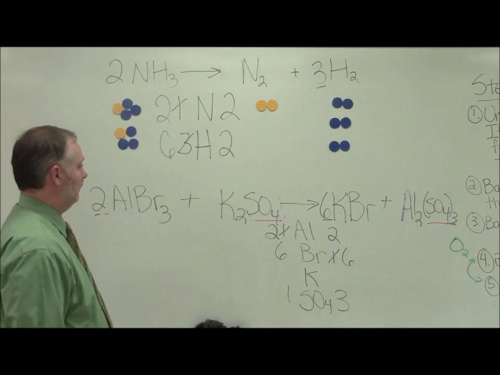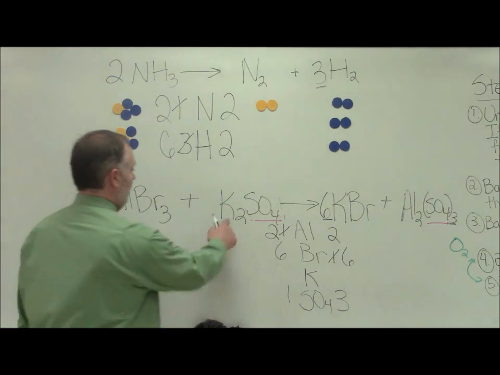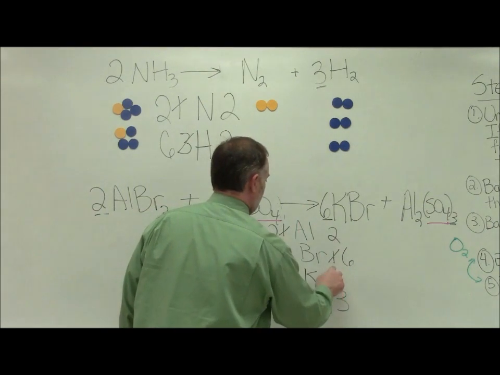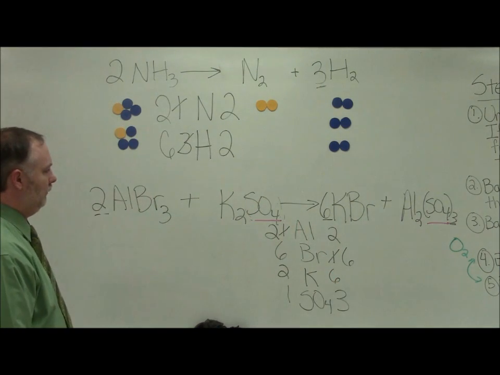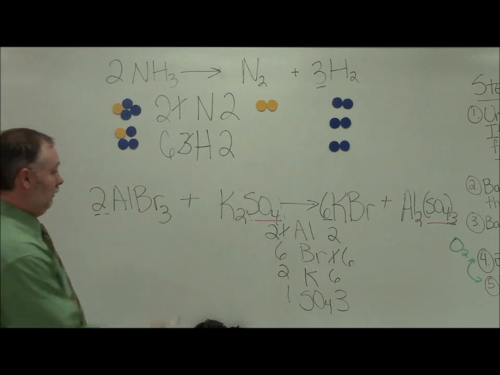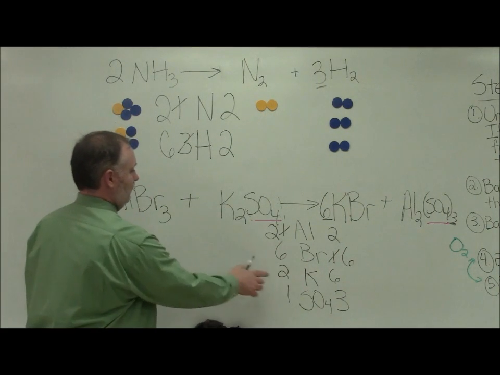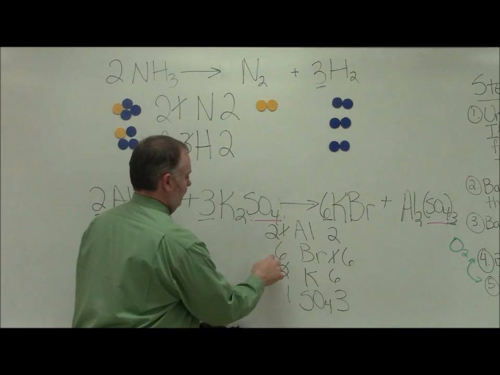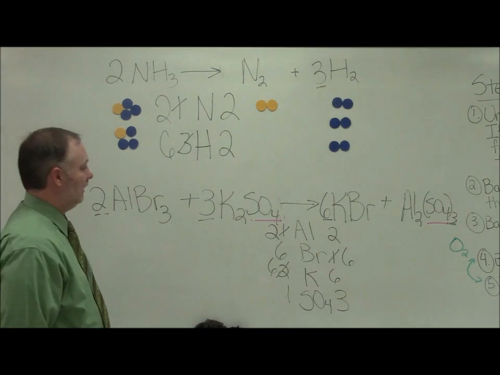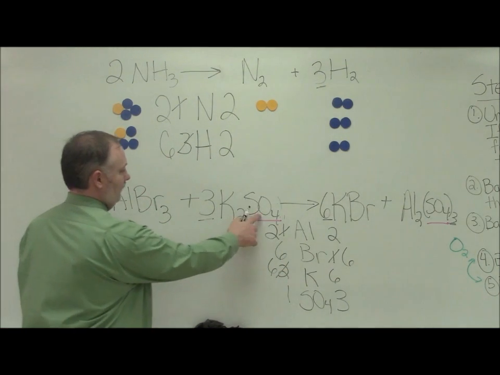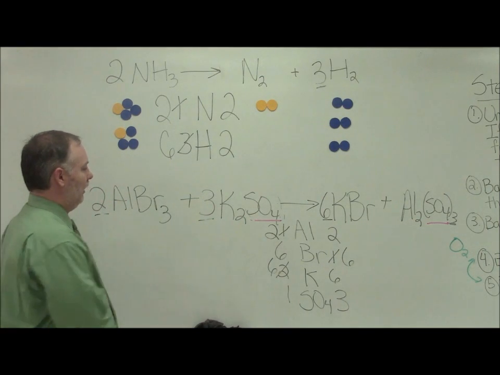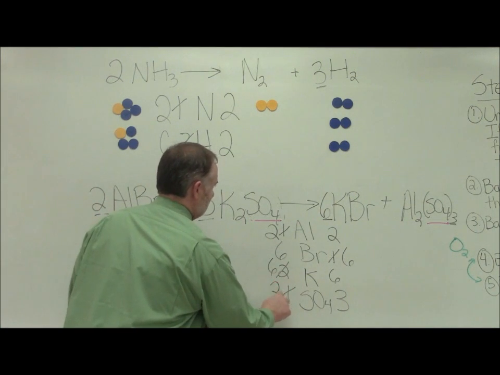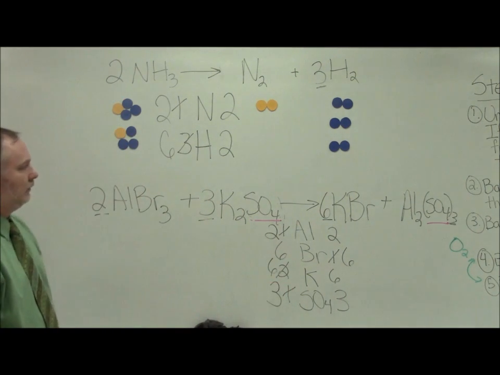So now we take a look at our potassiums. I have 2. Right. I have 6. Okay. So we got to make this work out. 2 times 3 equals 6. And now, if I'm not lying to you, hopefully our sulfates end up being equal. I have 3 as a coefficient in front of potassium sulfate. It did work out. Okay?